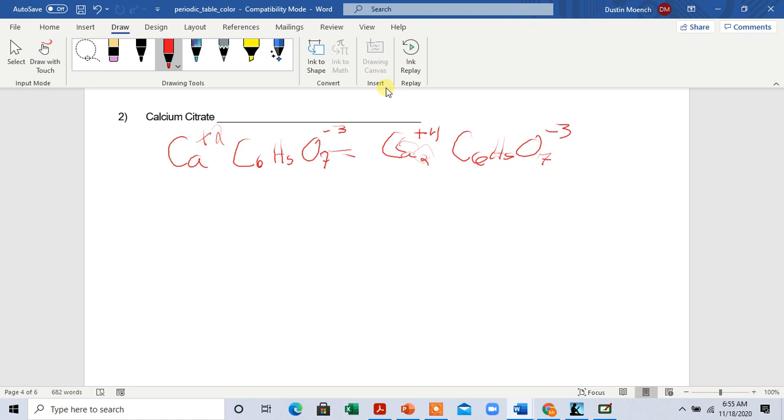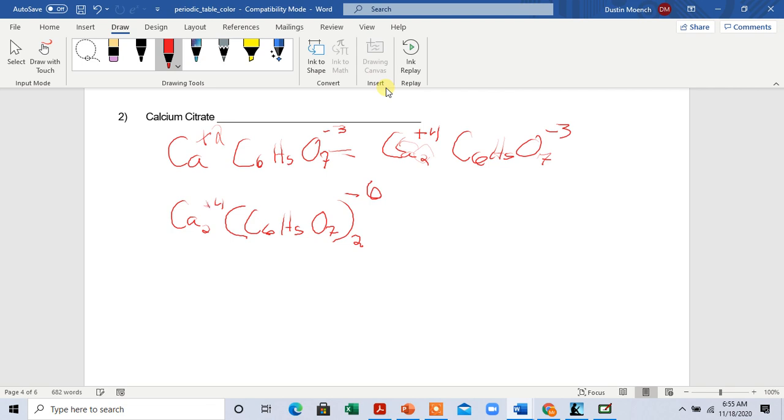Still not balanced, so we need to add another citrate. Ca2 +4. And when we add another polyatomic ion, we need to put the whole thing in parentheses and then add the little subscript after the parentheses. -6, because if there's two and each are -3, -6.